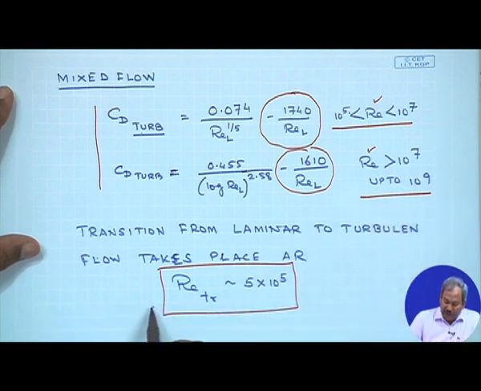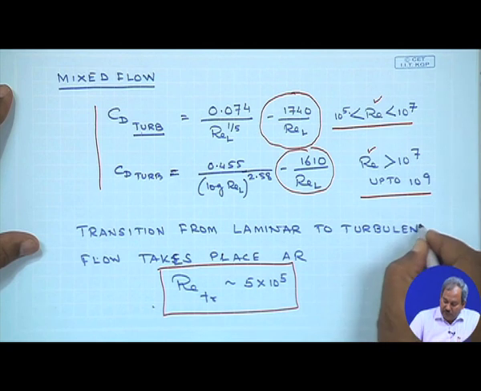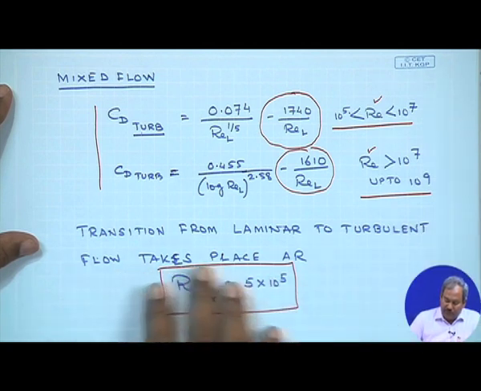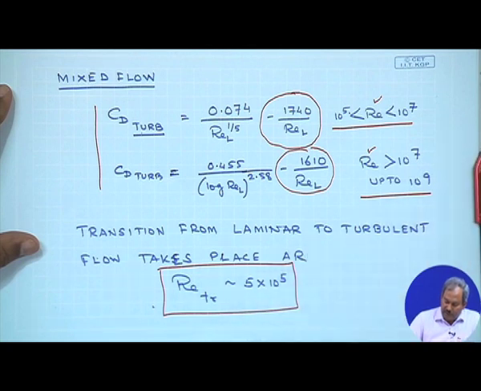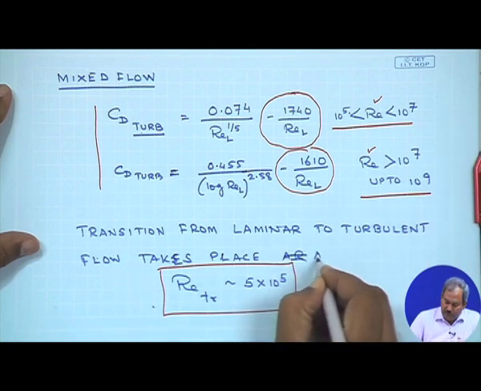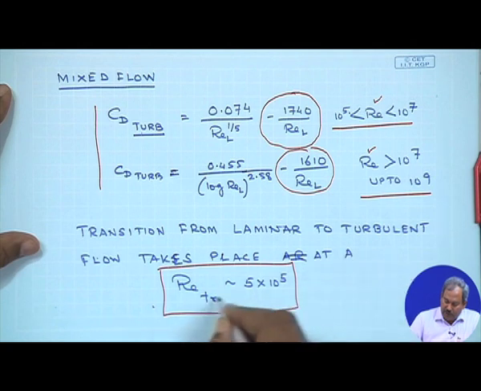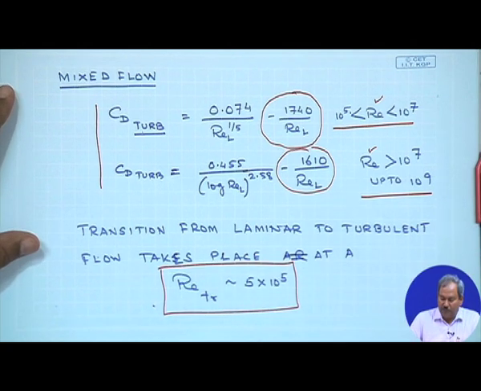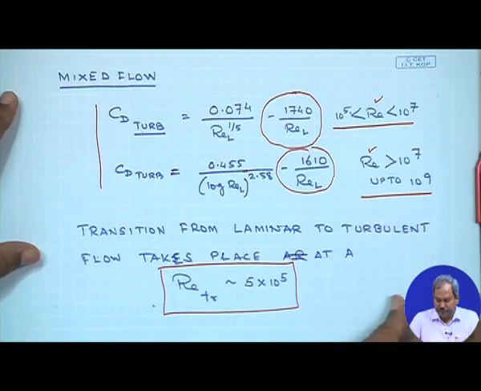So it is assumed that the transition from laminar to turbulent flow takes place at a Reynolds number equal to 5 into 10 to the power 5.